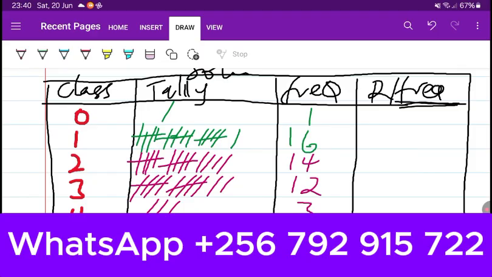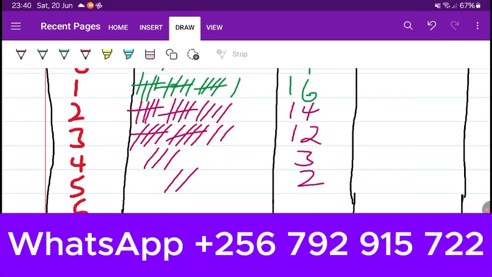Then we proceed to the 6th. The class 6, we had only 2 as well. So they were also 2. When you add these totals, this 2 plus 2, that's 4 plus 3, that is 7, plus 12, that is 19.